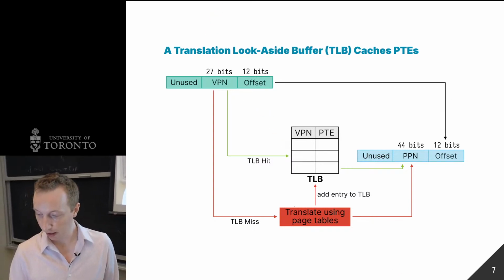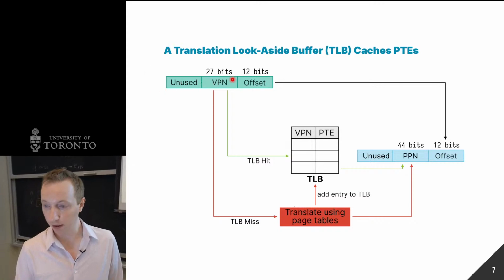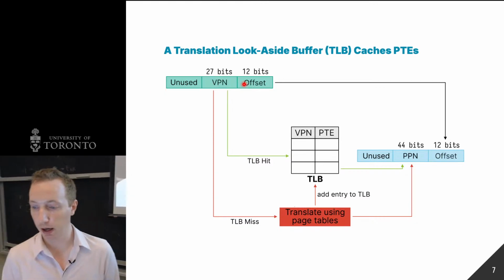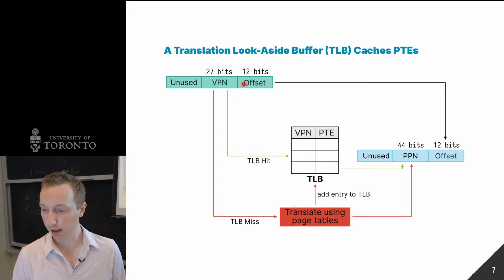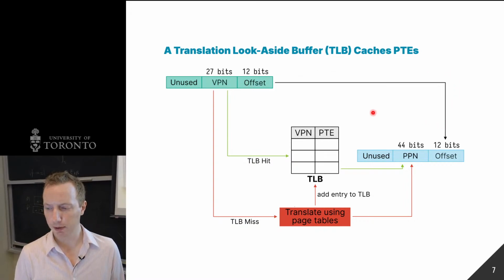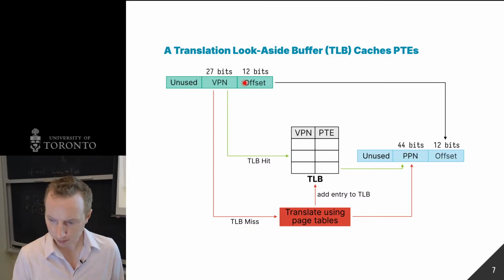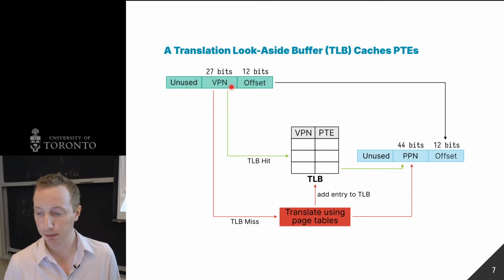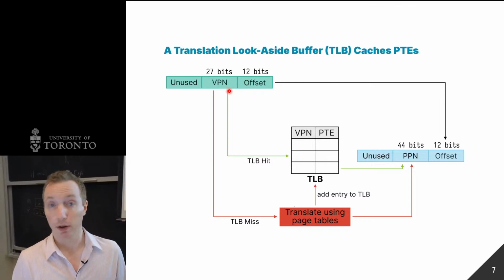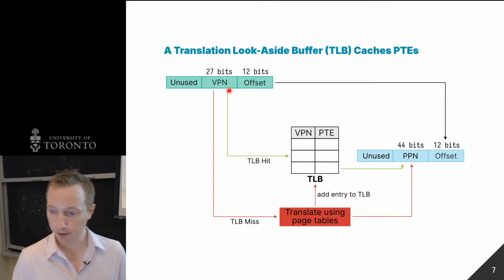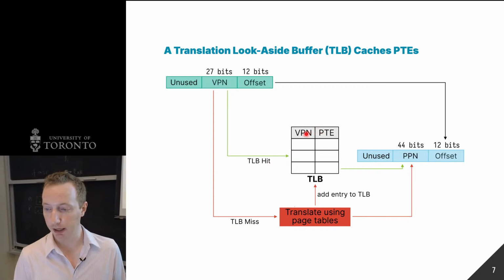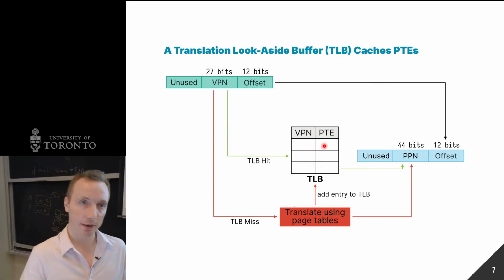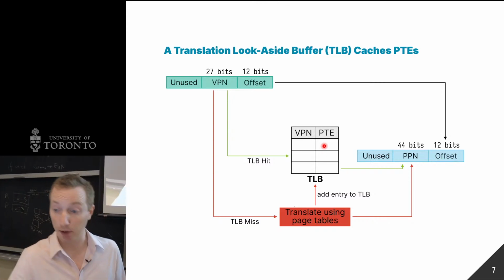So how that works is we have our same virtual address before, same 39 virtual bits for the address. Again, we don't have to translate the offset. And instead of doing that big, slow process every single time, there's hardware for this, so it will actually have a table of VPNs to page table entries, the entries in the L0 page table.